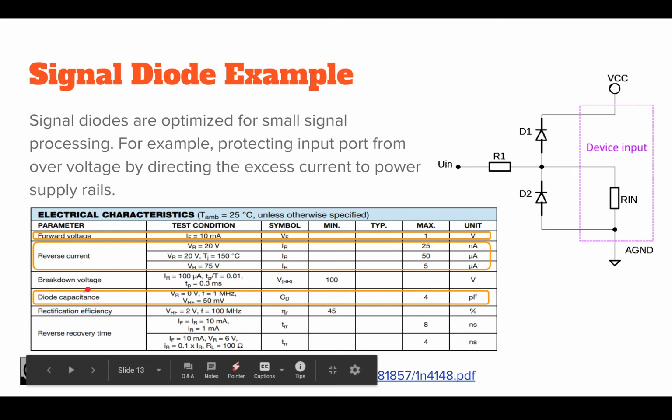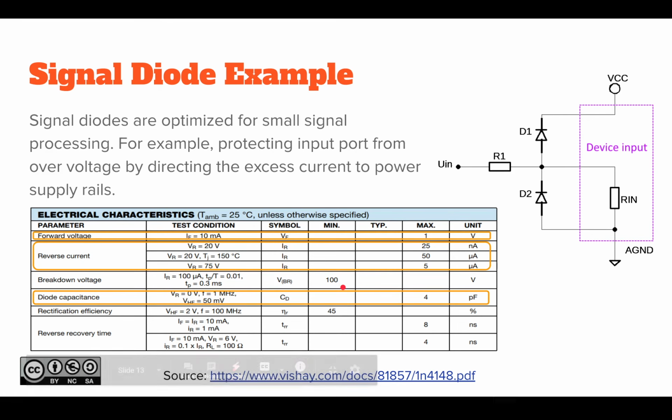Okay, breakdown voltage, 100 volts. Okay, for small electronics, good. But breakdown voltage actually means that at that voltage, in reverse direction, it really breaks down. So it starts working with the smoke. Or actually, electronics always works with smoke.